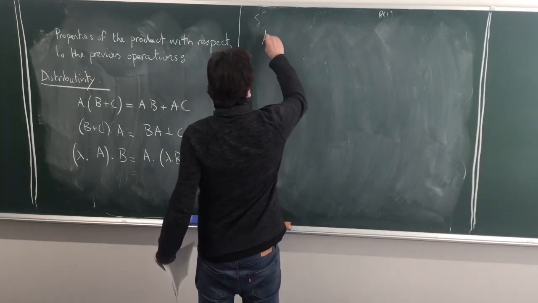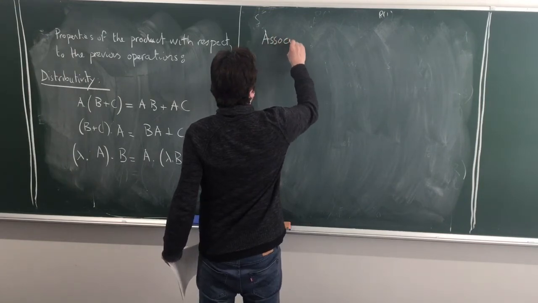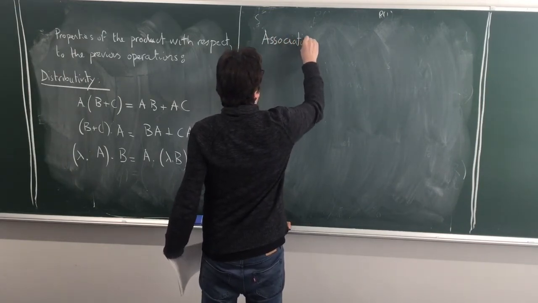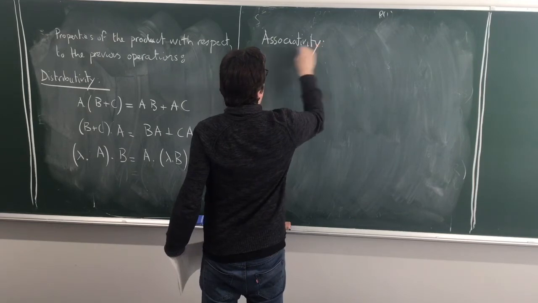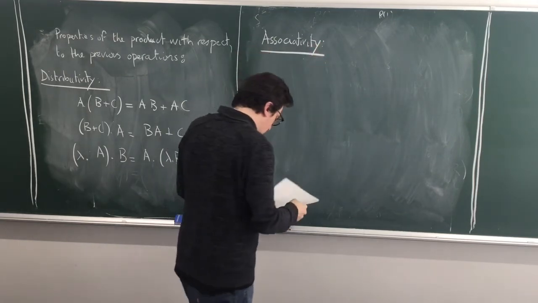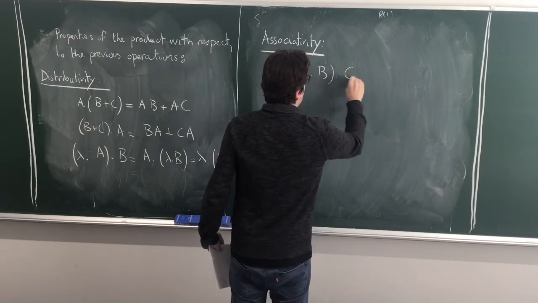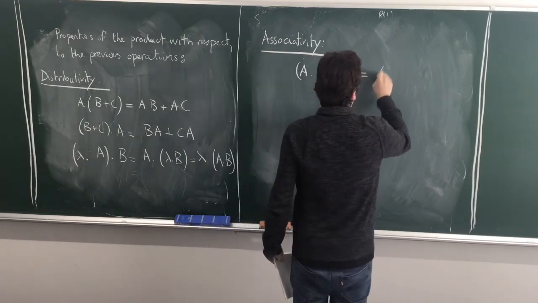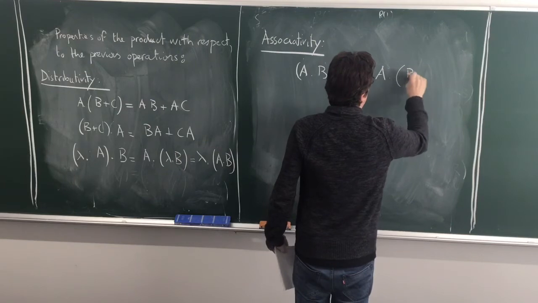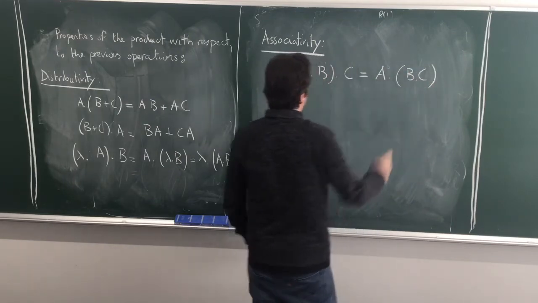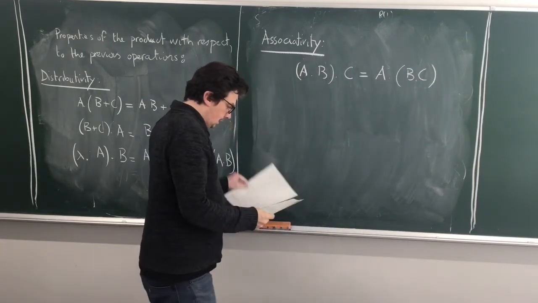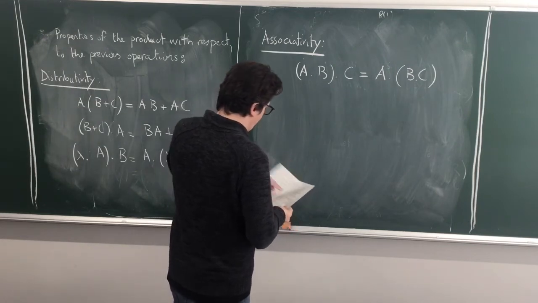Another property is the so-called associativity. It says the following: AB times C will be equal to A times BC. This is associativity.